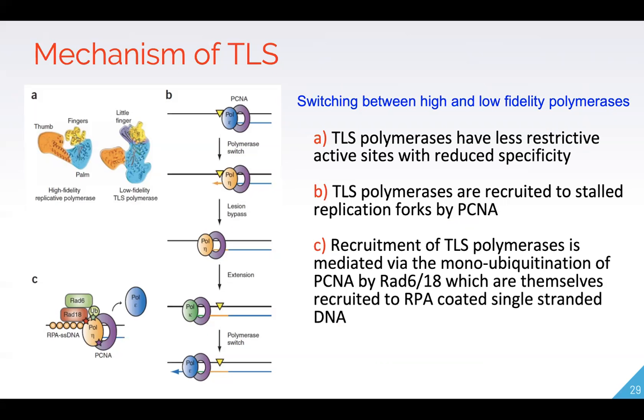But for that to happen, the cell utilizes what we call the switching mechanism, where it's dependent entirely on the protein trimer PCNA that we talked about during DNA replication. Again, this is a processivity factor, and it's necessary for the processivity of all polymerases. So during normal DNA replication, it's associated with polymerase epsilon, for example, delta, alpha.